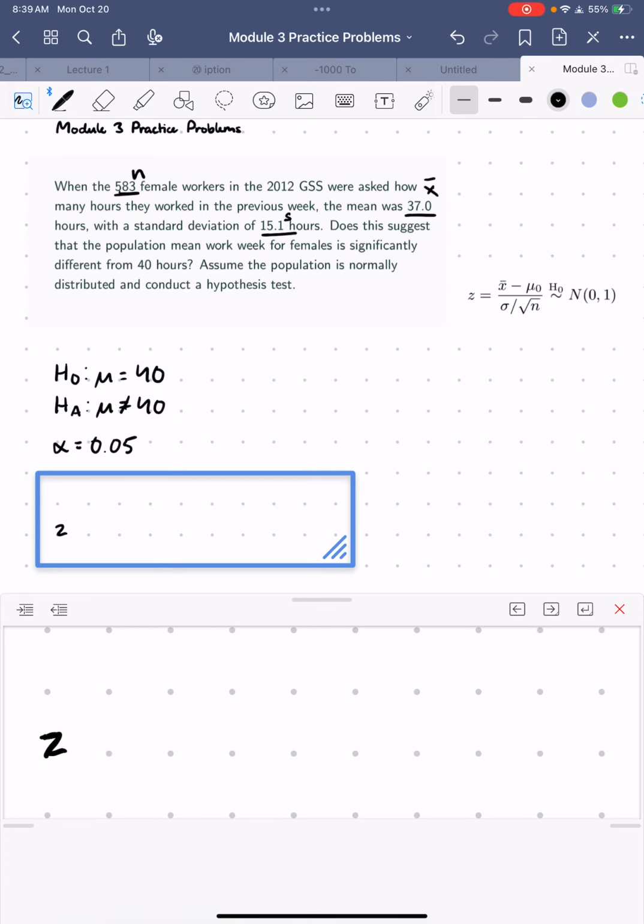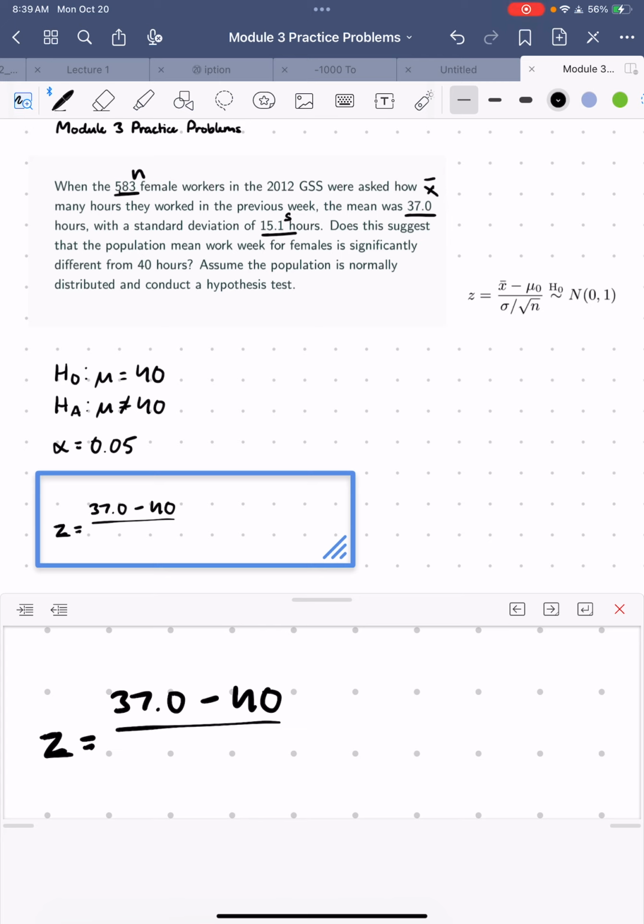So we have z is x bar, so 37, minus 40, divided by, and again, since our sample size is so large, we can use our sample standard deviation as an estimator for our population standard deviation.